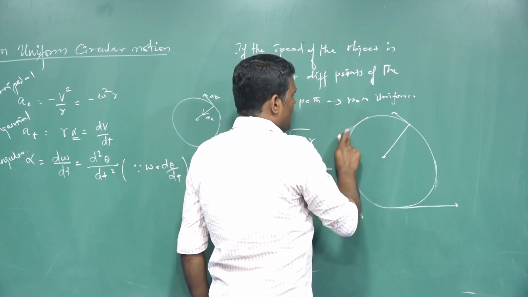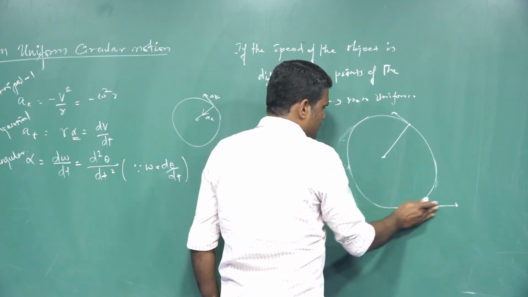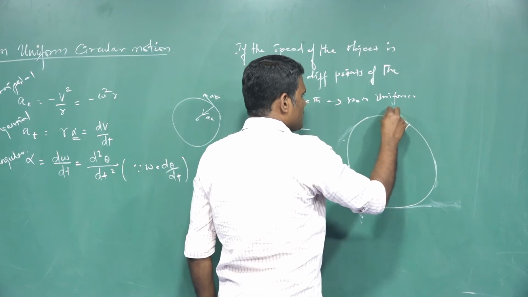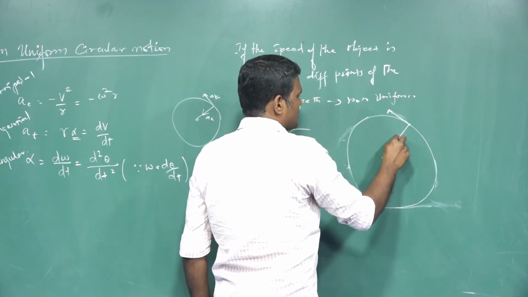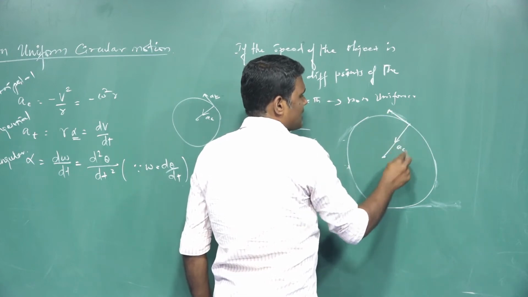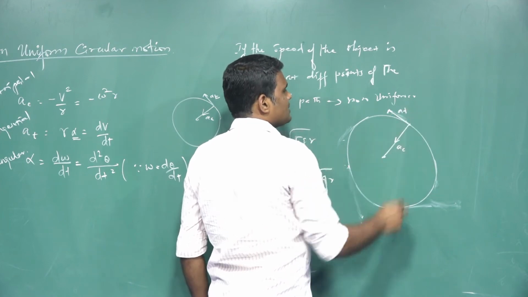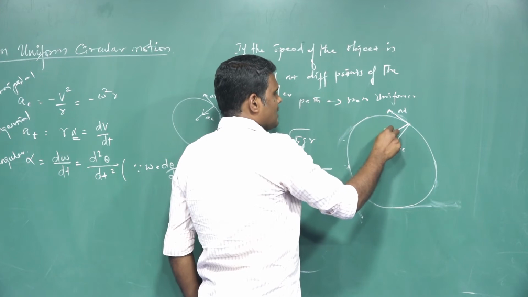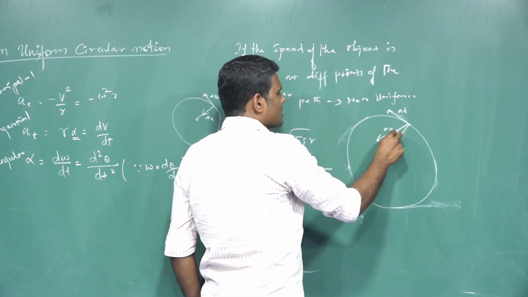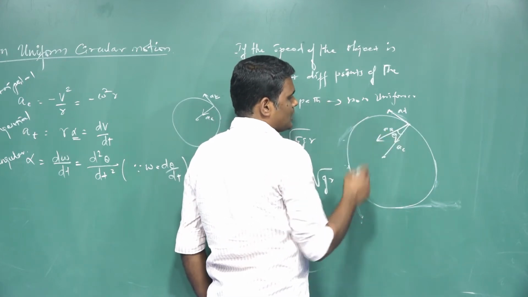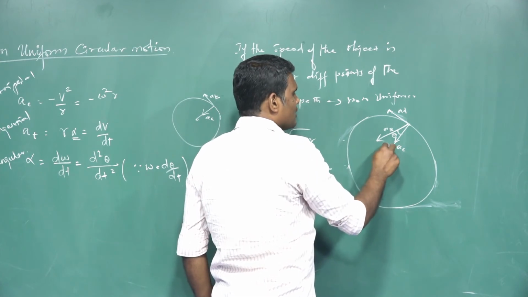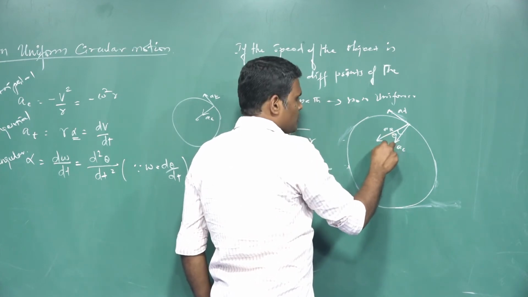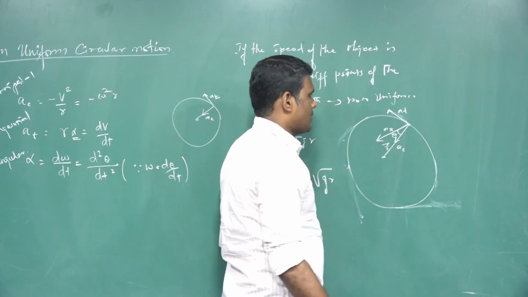Also, I can say, if the object is describing a non-uniform circular motion, it possesses two accelerations. One is a centripetal acceleration AC, and another one a tangential acceleration AT. Then we can calculate a resultant acceleration AR, which will be making some angle theta with respect to the centripetal acceleration, or otherwise with respect to the position vector.